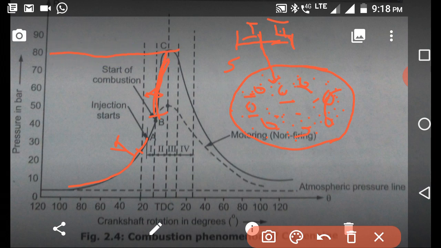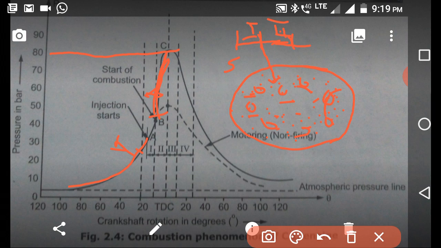Now after this second stage also, injection of fuel keeps going on, and at the end of the second stage the temperature and pressure are already so high inside the combustion chamber.